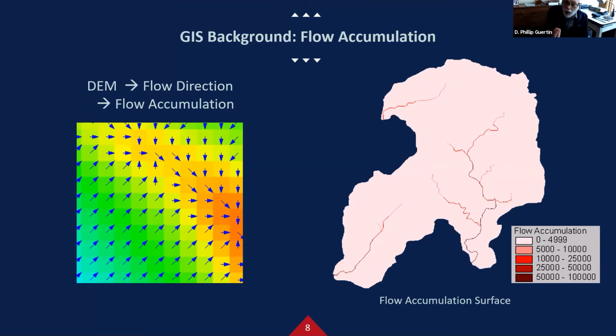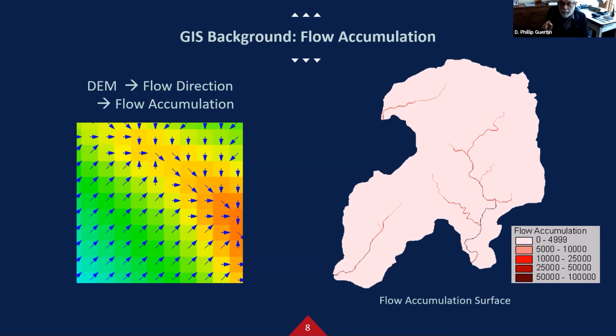The drainage channels are being defined by the DEM. We're not pulling them from another layer, from the USGS or from imagery. We are defining our flow network using the DEM by reclassifying the flow accumulation raster that we've created.